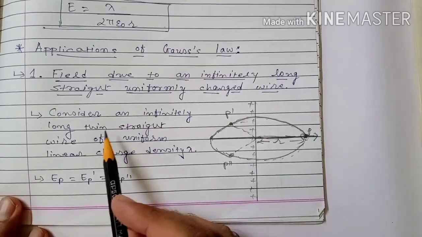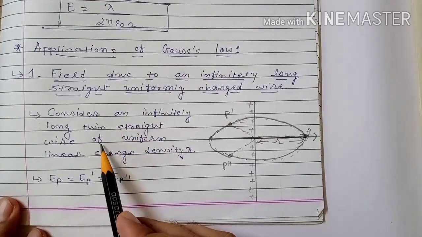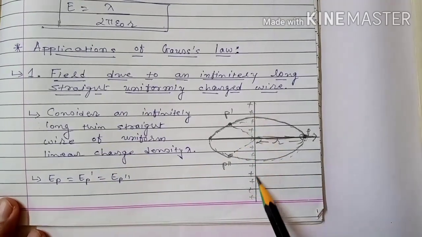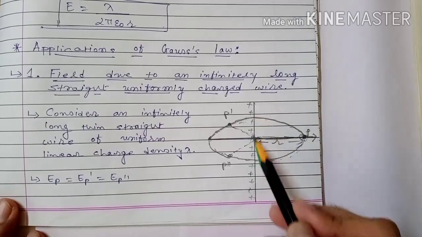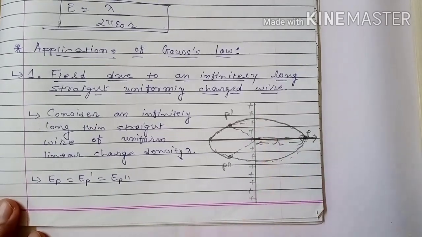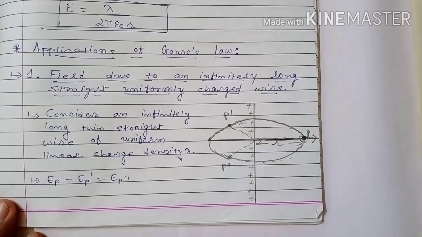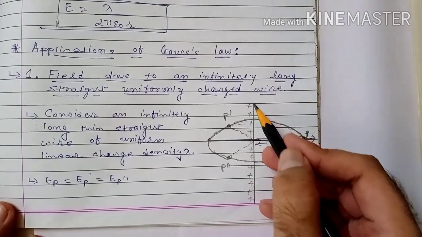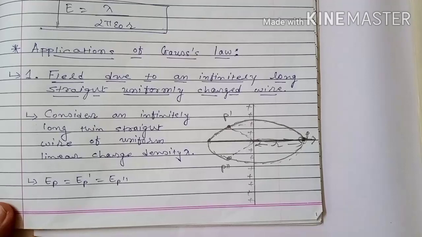So once again I am considering an infinitely long thin straight wire of uniform linear charge density lambda. So here I have considered one infinitely long uniformly charged wire having linear charge density lambda. The linear charge density will remain constant for this wire.